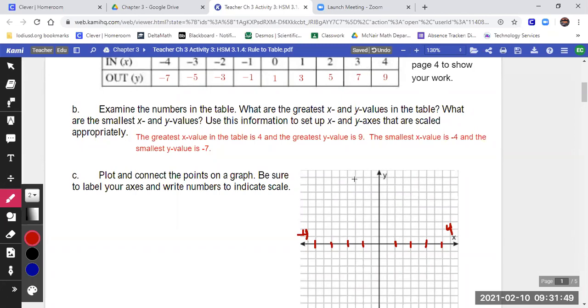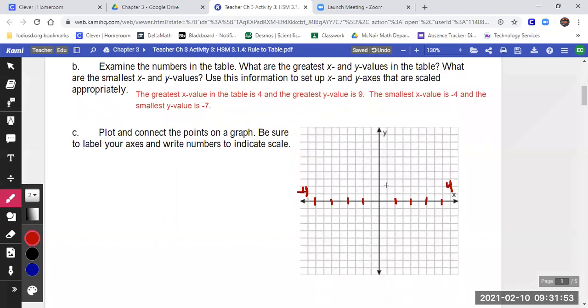Now, my bottom y, -7. How many lines do I have from the center down to the arrow? Count them, guys.